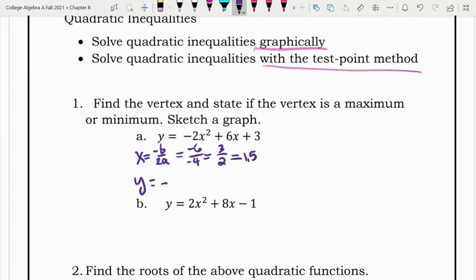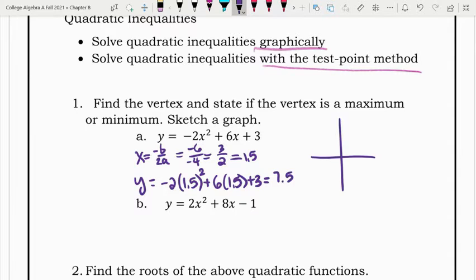Find y would be negative 2 times 1.5 squared plus 6 times 1.5 plus 3. So y is negative 2 times 1.5 squared plus 6 times 1.5 plus 3. So I get 7.5.